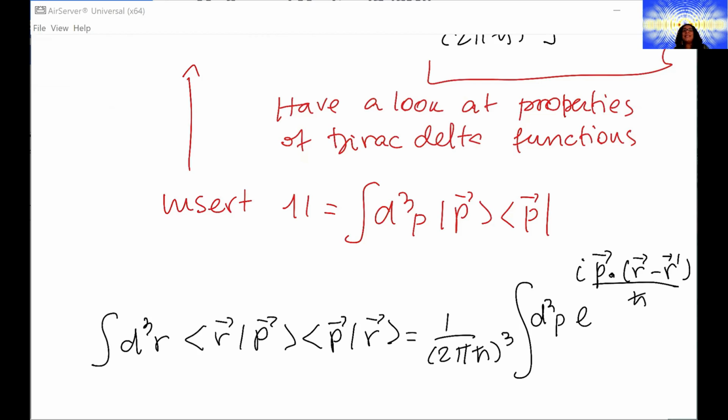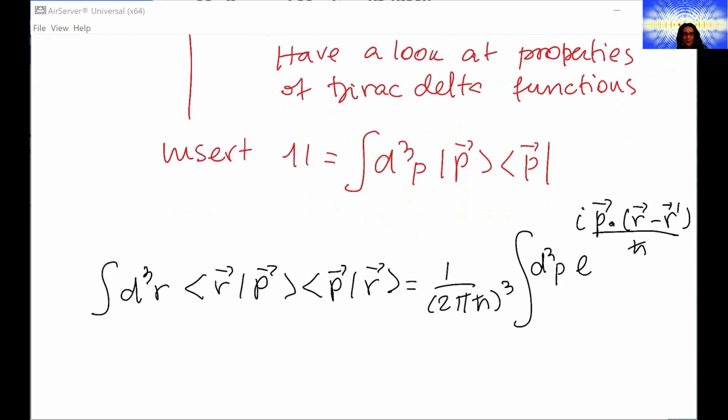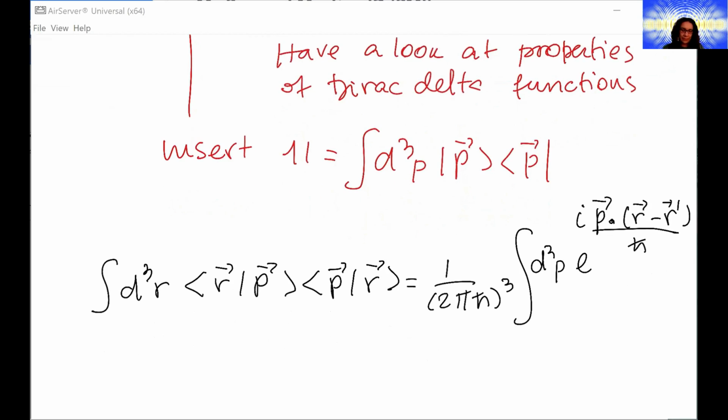Now maybe you see where I'm getting at, because if you compare, so I forgot the dash.